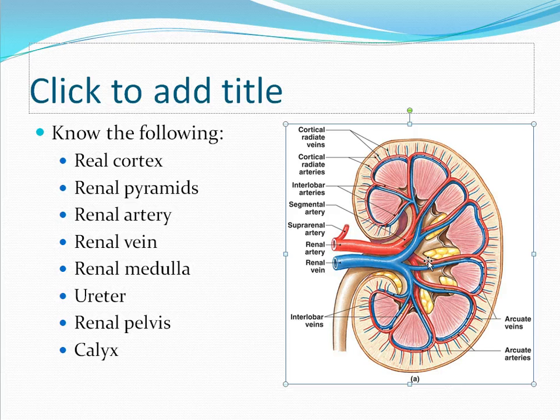It is typically filled with adipose tissue as well as blood vessels and branches of the ureter. And the calyces, which are branches off of the ureter.